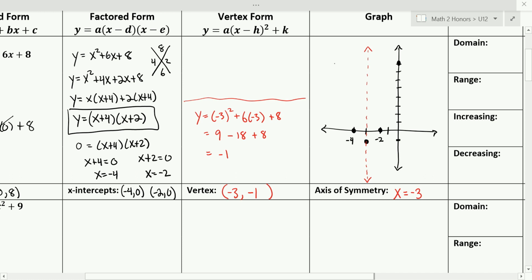So go from the middle. How far from the middle is the y-axis? 3. So I need to go 3 to the left of the middle, and I end up at -6. And same height, so 8. So there's a point right here at -6, 8, that we know has got to be there because of the nature of symmetry.